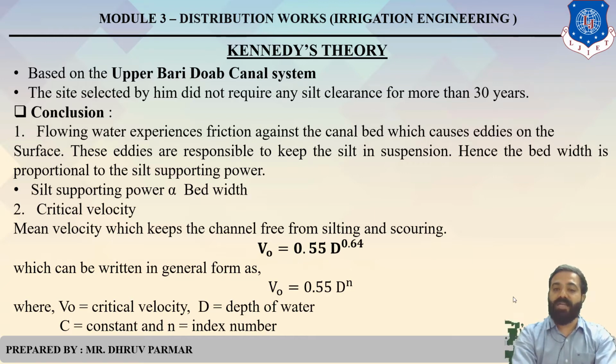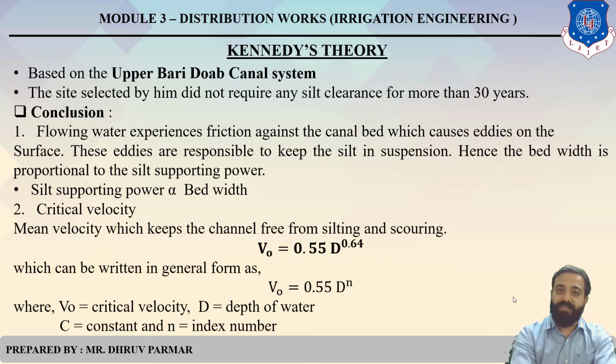So what are the conclusions as per Kennedy? The first conclusion is that flowing water experiences friction against the canal bed, which causes eddies on the surface. Means the water flows in a direction, friction is generated, and due to that friction eddies, a type of small wave, are produced on the surface. Clear?